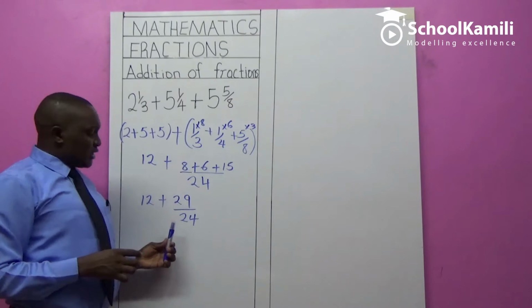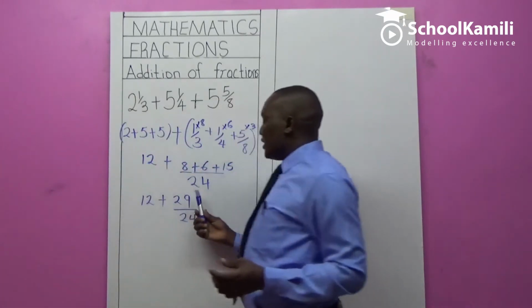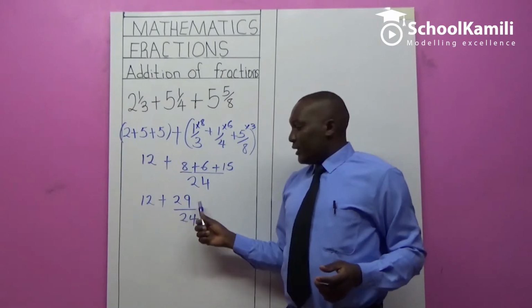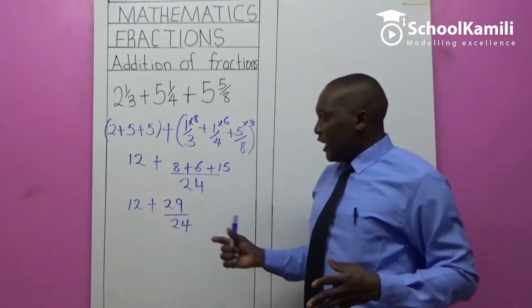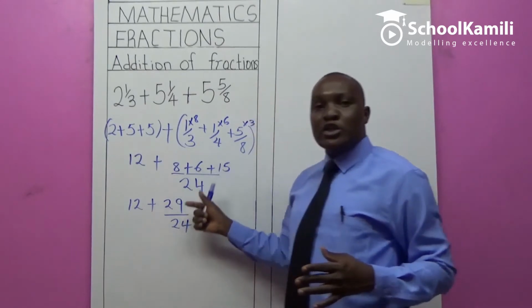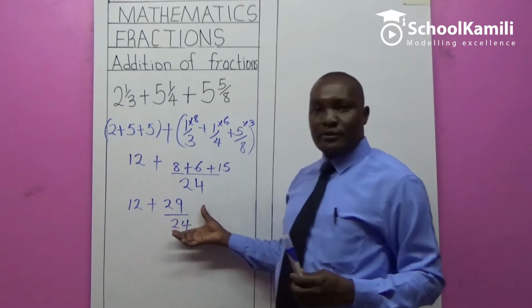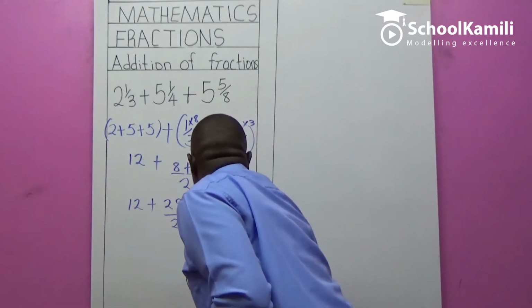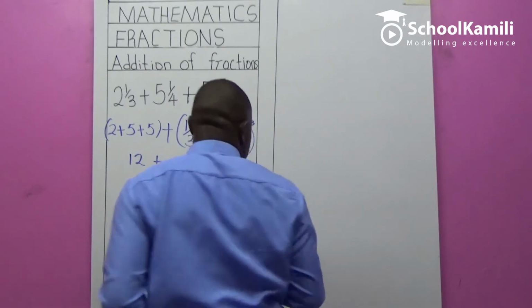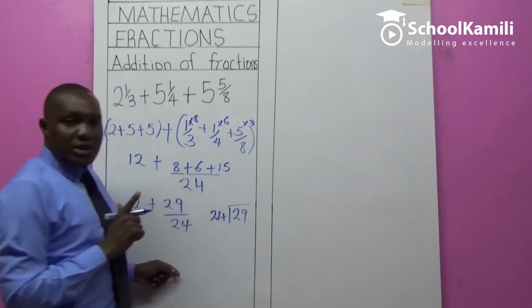You were told when you were in class 5 and class 6 that never should you leave your answer the way it is when it is an improper fraction. Change this improper fraction into a mixed fraction. And how do you change an improper fraction into a mixed fraction? Just do long division. Divide 29 by 24. How many times can 24 go into 29?